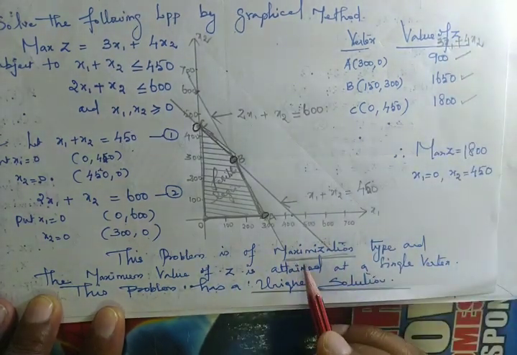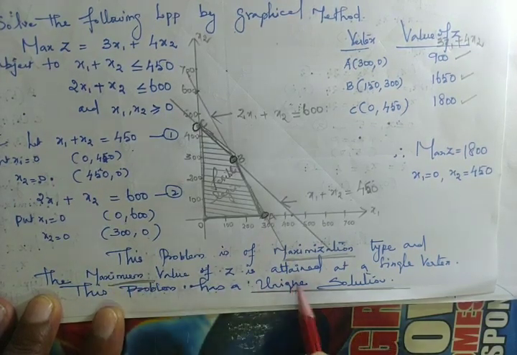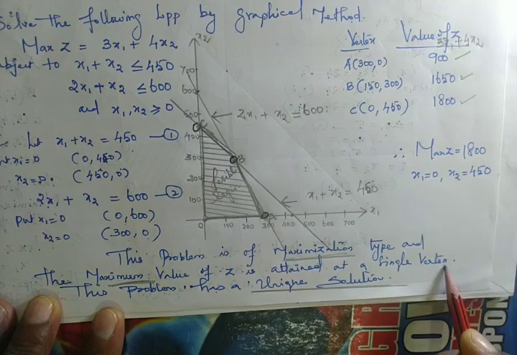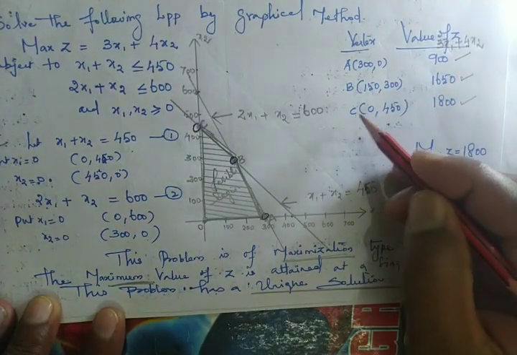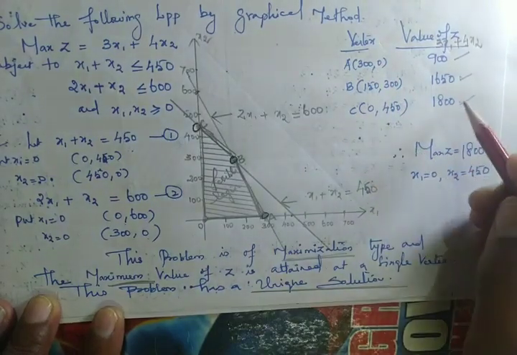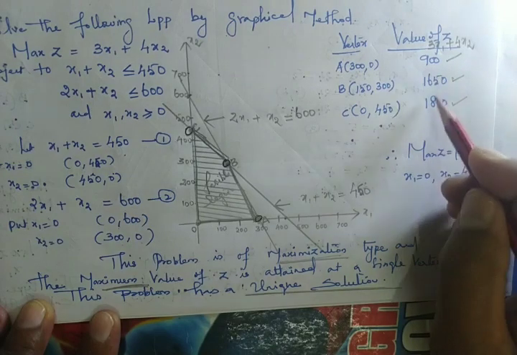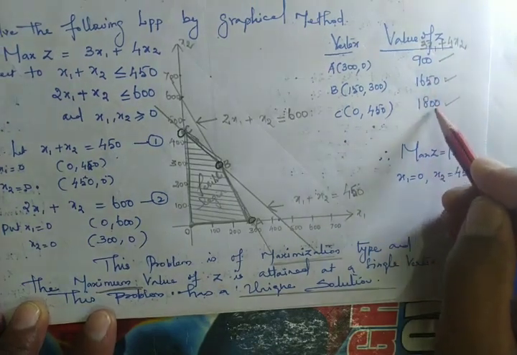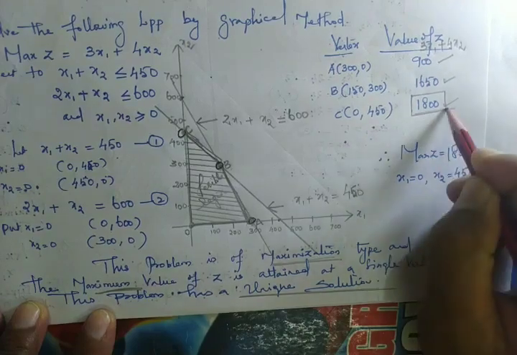We have to consider the maximum value of Z attained at a single vertex. Here we have 3 vertices A, B, C. From A, B, C, whichever gives the maximum value of Z, that we are going to consider. Looking at the 3 values 900, 1650, 1800, among these 3, 1800 is the maximum value.